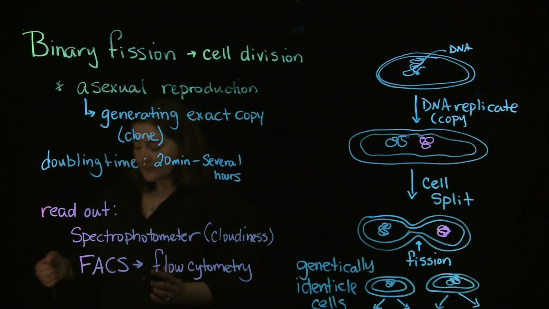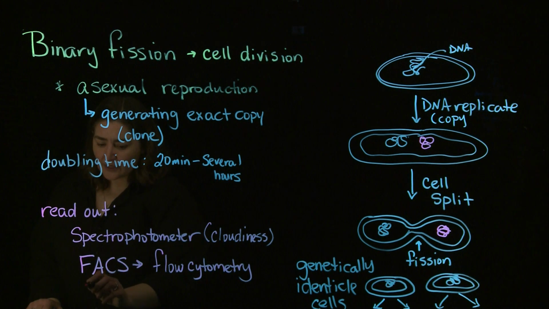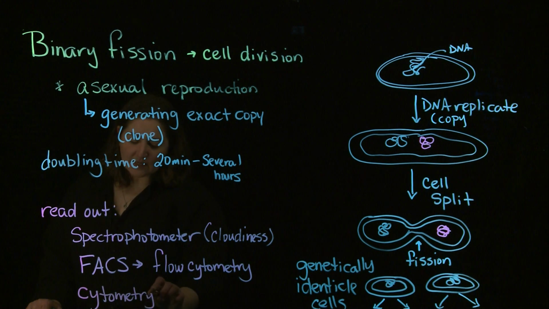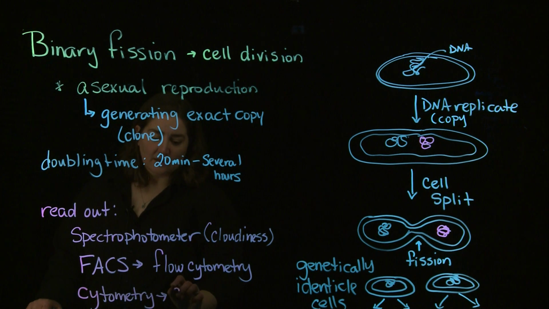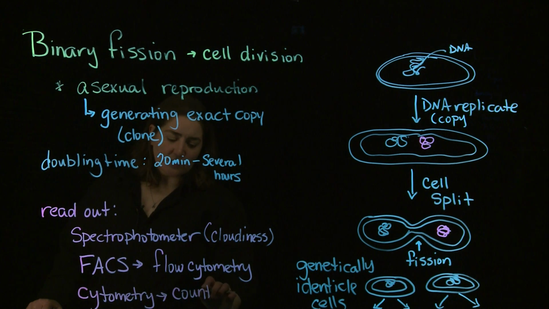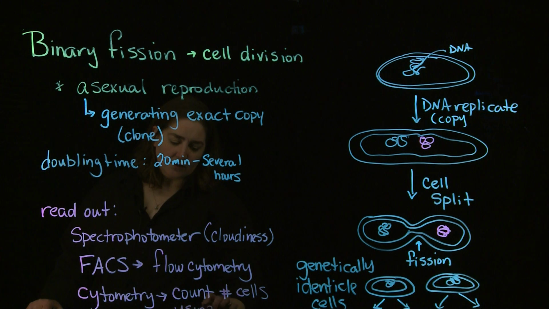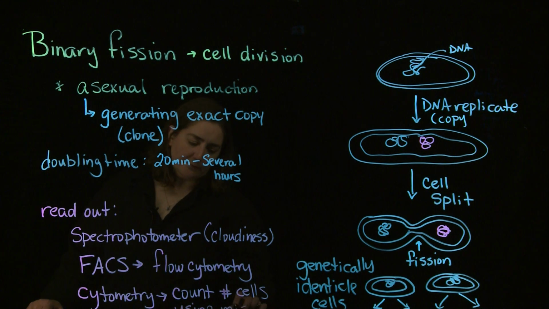The other thing that you can use is cell cytometry. With cell cytometry, you're actually counting the number of cells in a particular sample using a microscope.